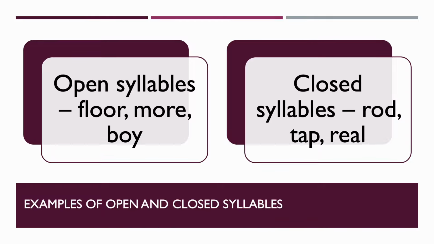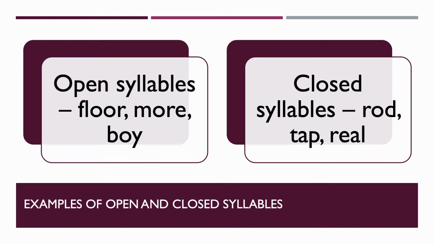If you don't transcribe, there is no way you will get it right. So look at these examples. Open syllables: you have floor, you have the f sound, you have the l sound, and you have the long o. So it ends with the long o, it ends with the vowel sound, and so it is open. Please take note of this. If you look at the closed ones, it ends with a consonant sound.